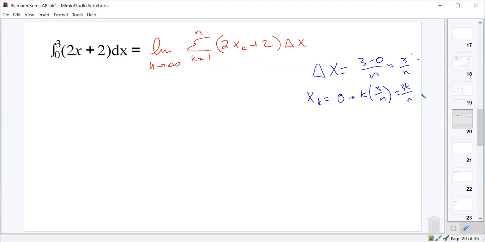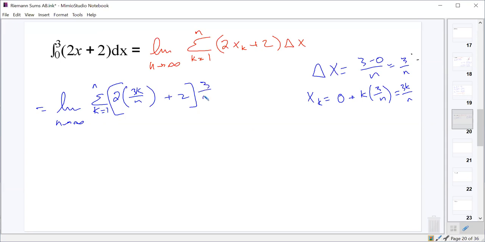All right. So we then plug all that in. A limit as n approaches infinity, a sum from k equals 1 to n of 2 times x sub k, which is 3k over n, plus another 2 times 3 over n. Any issues or no? Nope.